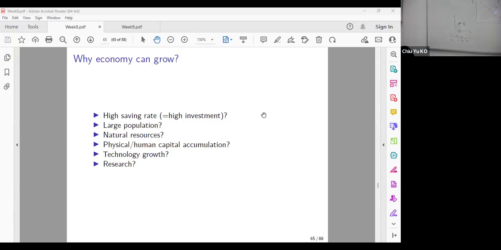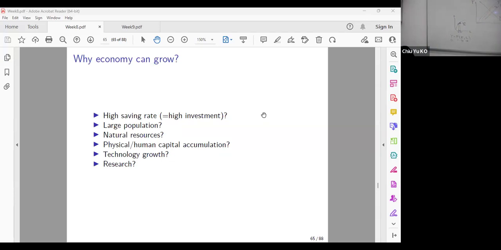I will give you the final conclusion because the derivations are all just math. If I skip, I don't think I would miss much. The idea of this economic growth model, the Solow model, is how we can explain why some countries go very fast and some countries go very slow.